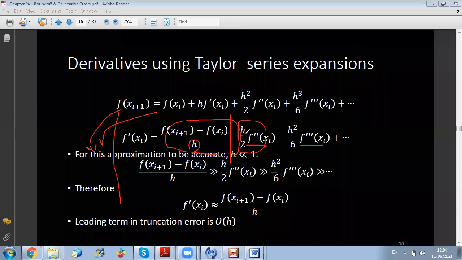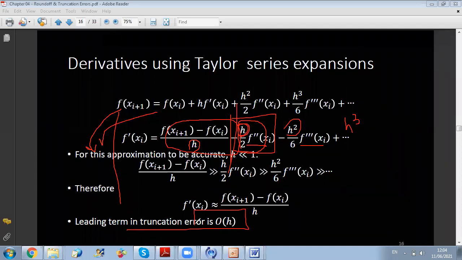So when we multiply by h, then by h squared, then by h cubed, we get smaller and smaller terms. So when we do this truncation, the highest term is proportional to h. This is why we say that in forward approximation, the truncation error is of order h.